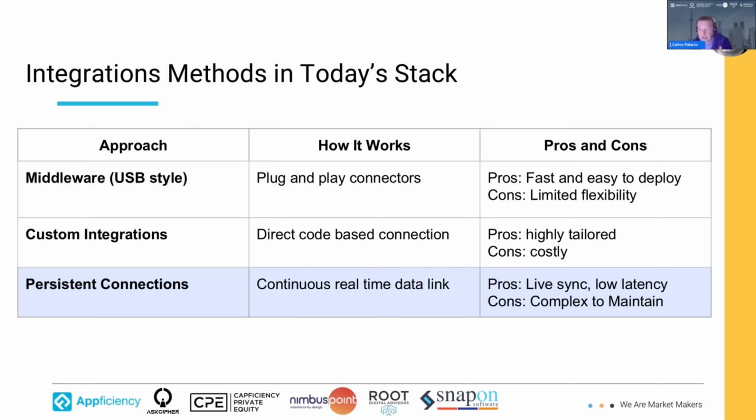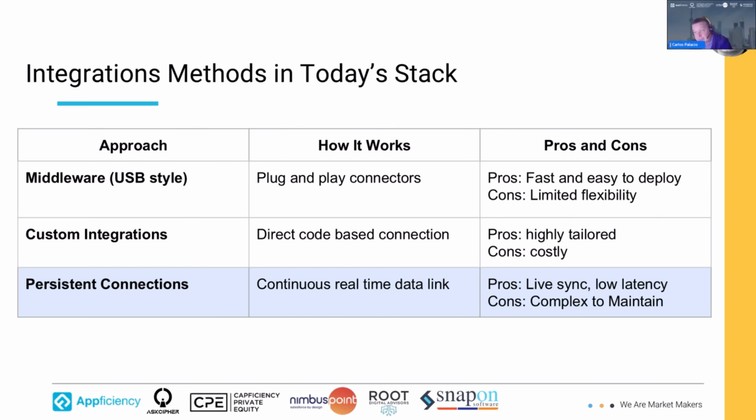Then you have the custom integrations, where direct code to connect things is highly tailored, very effective, does what it needs, but is very time consuming to build and maintain. And every time that you change something, you need to go back to that custom integration and rebuild it. So not ideal for scalability purposes.